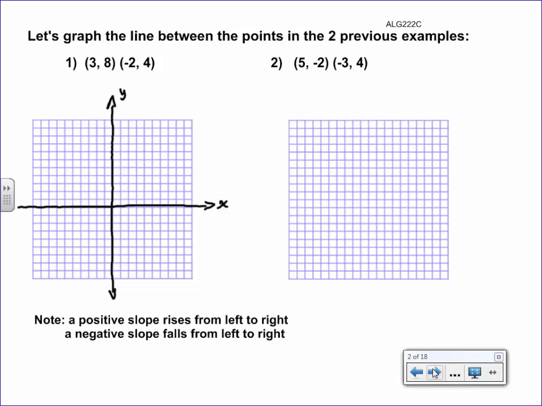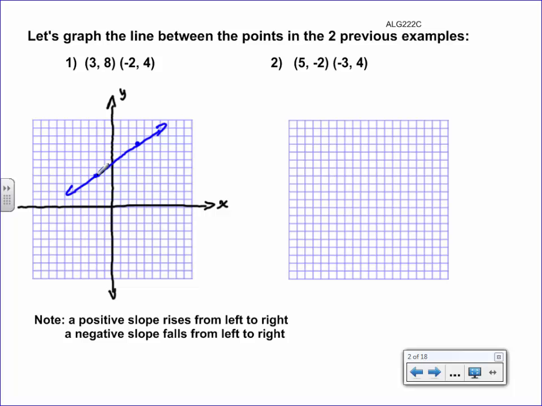Okay, if we plot the point 3, 8, that's over 1, 2, 3 and up 8, would be right there. And if we plot the point negative 2, 4, negative 2 and up 4, so what we're finding is the slope of this line right here.